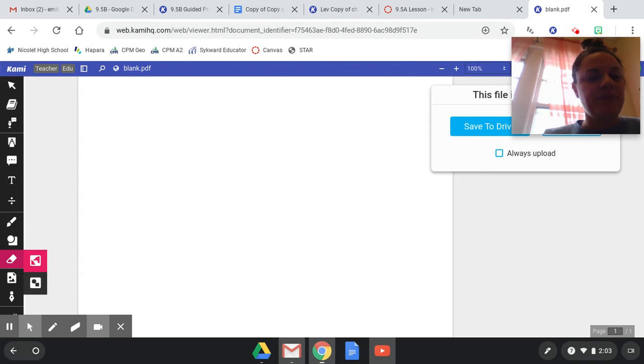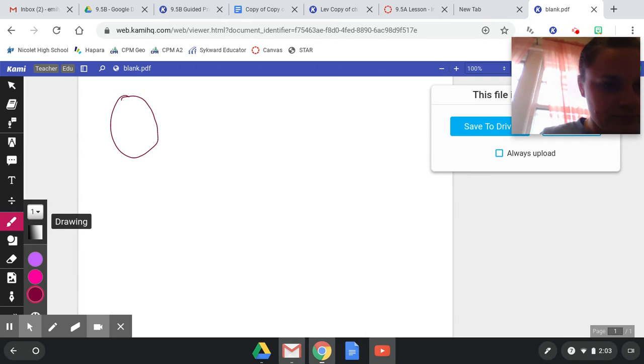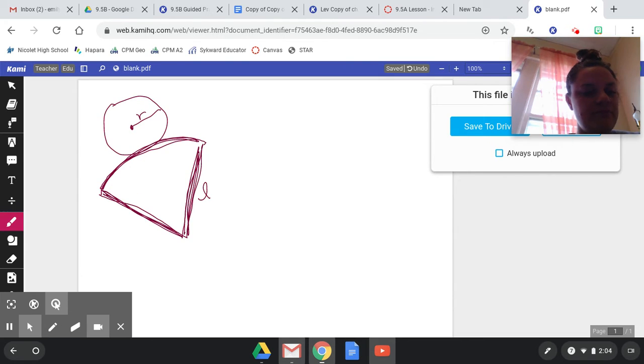Hopefully this works. All right, so recall a net looks like it is a circle and then a sector, right? Okay, so I drew our little net here. Still not the best, but it'll have to do.